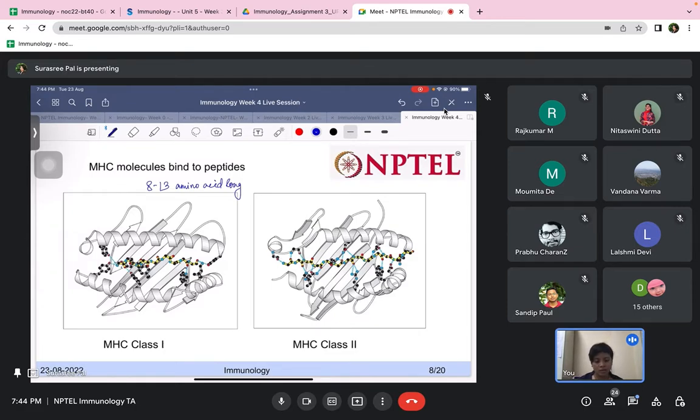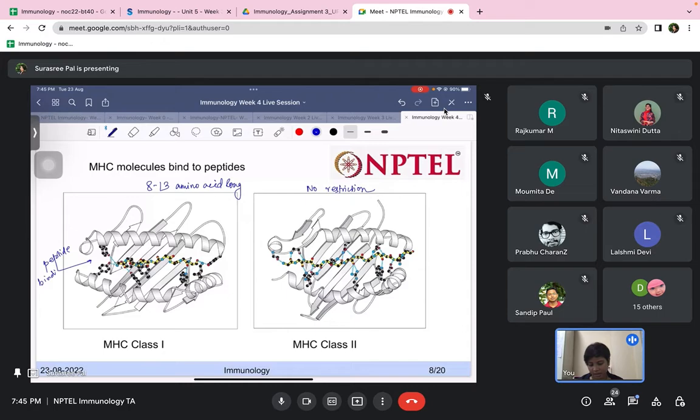MHC class 2 does not have any restriction on the length of the antigenic peptide it can bind. This is the ribbon structure of MHC class 1, and this is the peptide binding cleft.